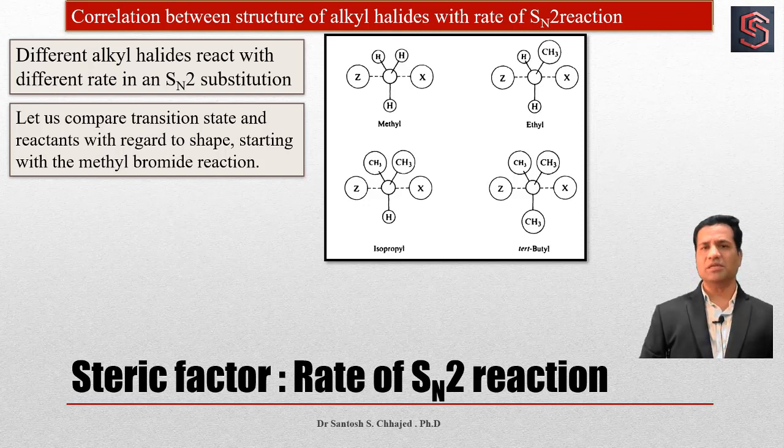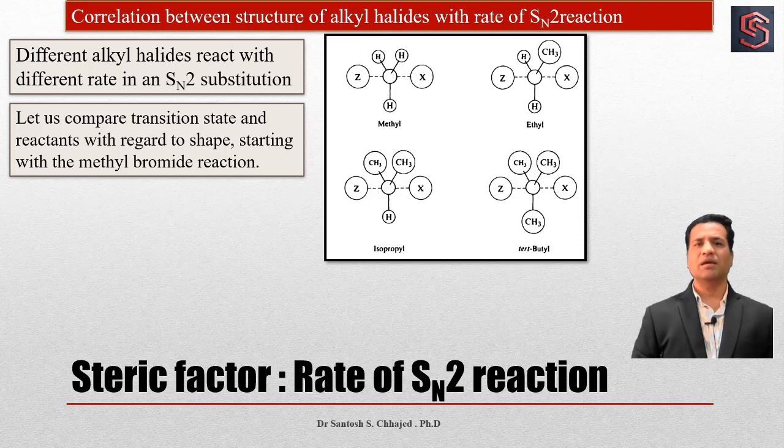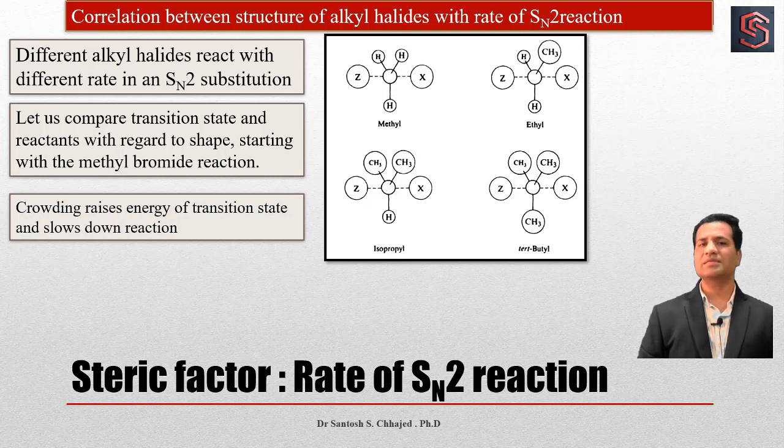In the case of methyl, Z and X, so X is a halogen, Z is any nucleophile. In general, we are discussing this reaction. When there are 3 hydrogens present, crowding is less, and the moment you go on increasing the number of alkyl groups, crowding around the carbon increases, and this crowding raises the energy of the transition state, and that's why it slows down the rate of reaction.